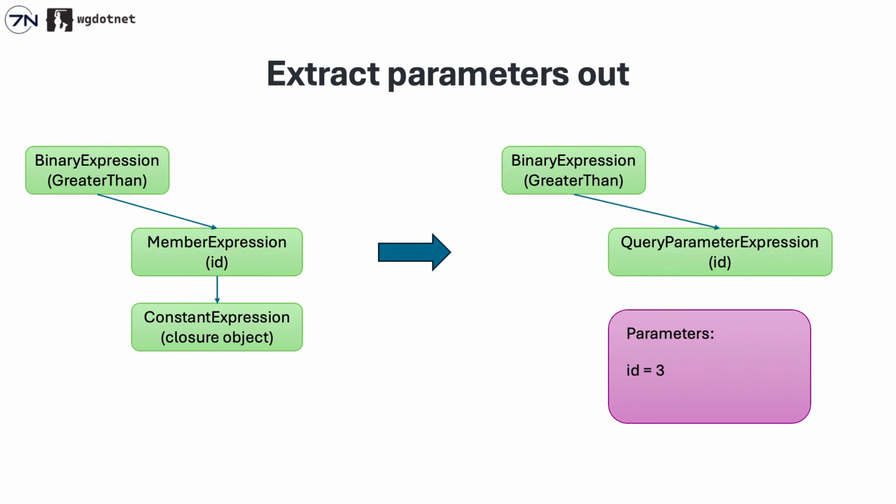Wherever we identify this sort of parameter, we're going to extract it out and replace it with a custom expression tree node that I've just made up. That's literally what it looks like inside EF, called query parameter expression. The actual value we take out of the tree, it's no longer in the tree, and we store it in some other place where we keep the parameters. So now our tree has been sanitized: we've removed the parameters, and what's left is only a node that contains the name of the parameter.